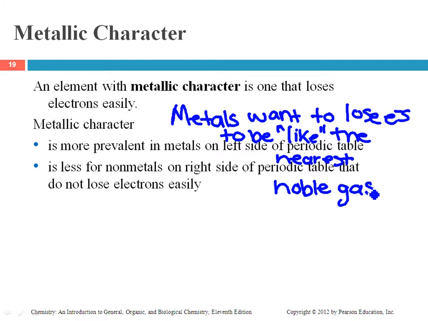And so obviously on the left side of the periodic table are your metals, and so on the left side there's going to be higher metallic character. So metallic character is more prevalent in metals on the left side of the periodic table and less for the nonmetals on the right side, because nonmetals want to gain electrons for the same reason, to be like the nearest noble gas, to have an electron arrangement like the nearest noble gas.